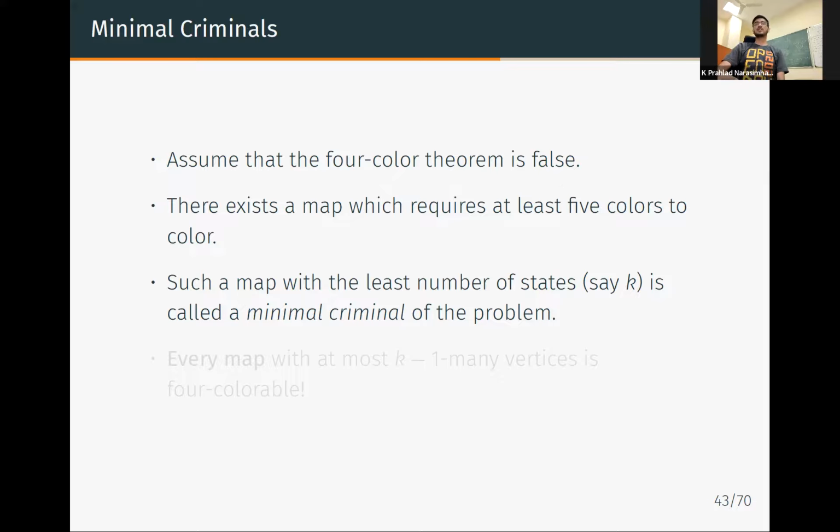This map is called a minimal criminal, because it is the smallest map which does not satisfy the 4-color proposition. What does this mean? This also means that every map with at most k minus 1 states, my bad, not vertices, states, is 4-colorable, right? Because this is minimal, everything which is smaller than it must be 4-colorable.